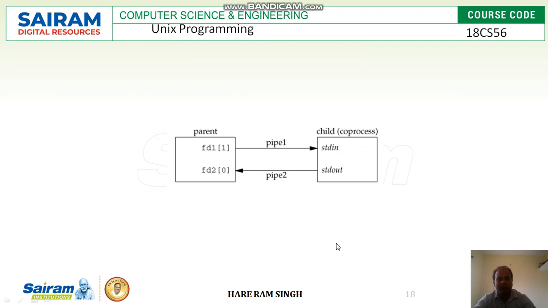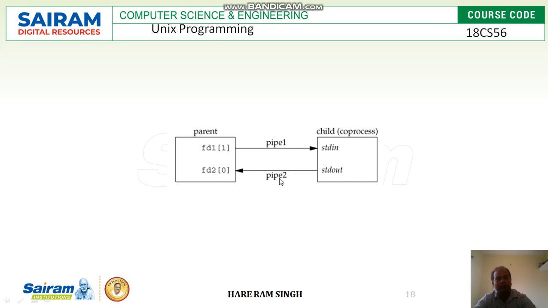For example, using this diagram you can see that the parent process has created two pipes. Here the coprocess is the child process; the parent process creates a child process, which is called the coprocess.